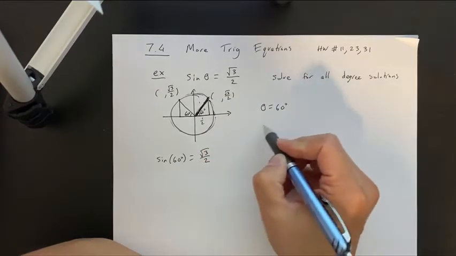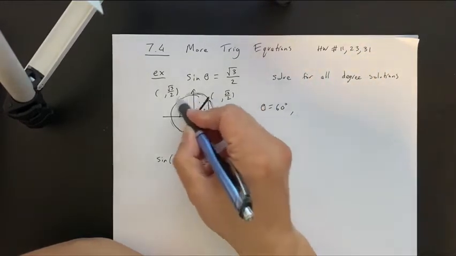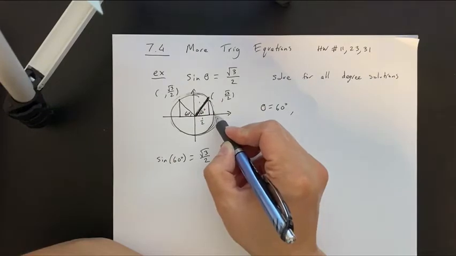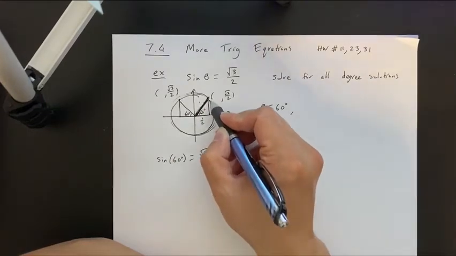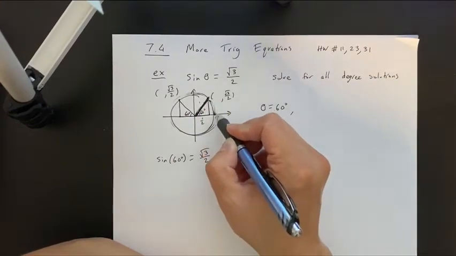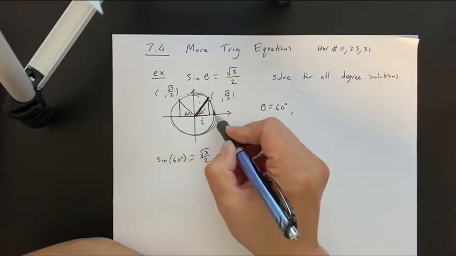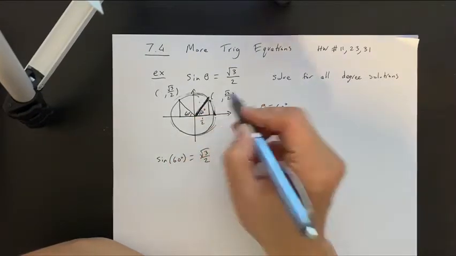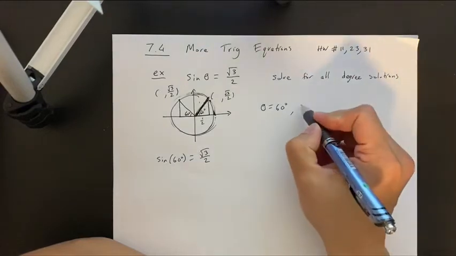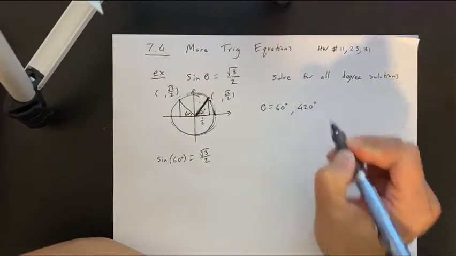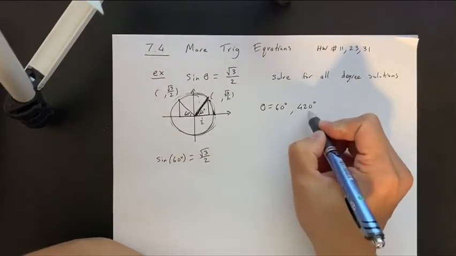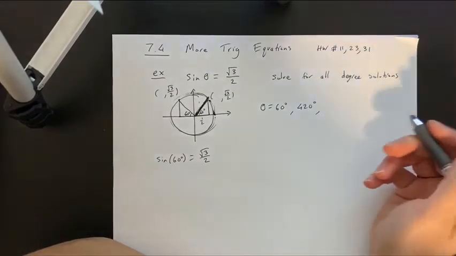So that's a 360 rotation with a 60 degree rotation further. So 360 plus 60 is going to give me 420. And this is just another coterminal angle to the 60 degrees.